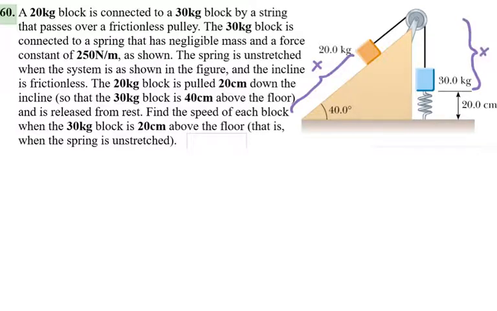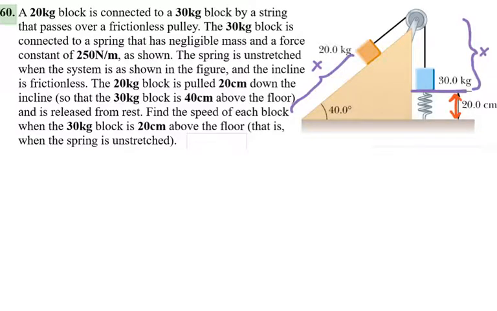Originally, I have the potential energy mgh, where H is 20 centimeters. Let me do this in red, so you can see why, and then I'm going to erase this.